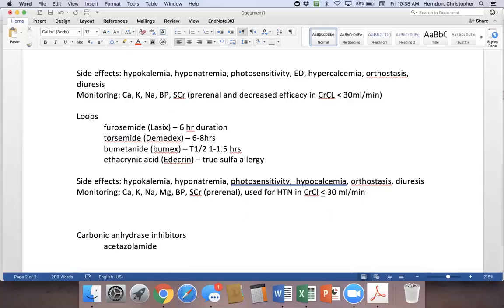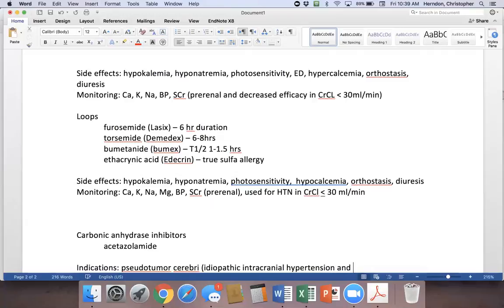Okay, carbonic anhydrase inhibitors. Very rarely will we use these for blood pressure anymore, but I think it's important we talk about them. When do we use them? Pseudotumor cerebri, which is also called idiopathic intracranial hypertension.